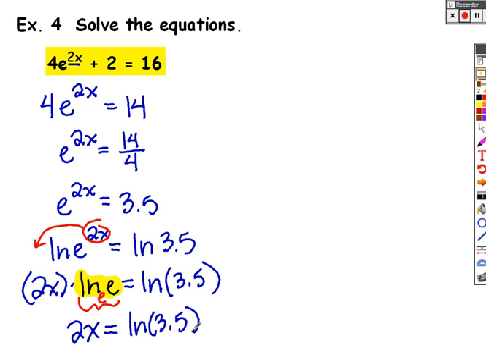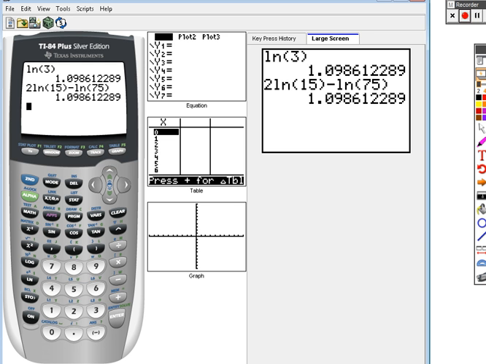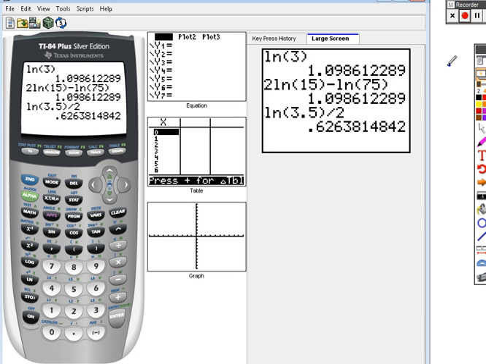And the last step is I would just have to divide by 2. So if I take the natural log of 3.5 divided by 2, I should get my answer. x is about equal to 0.626.